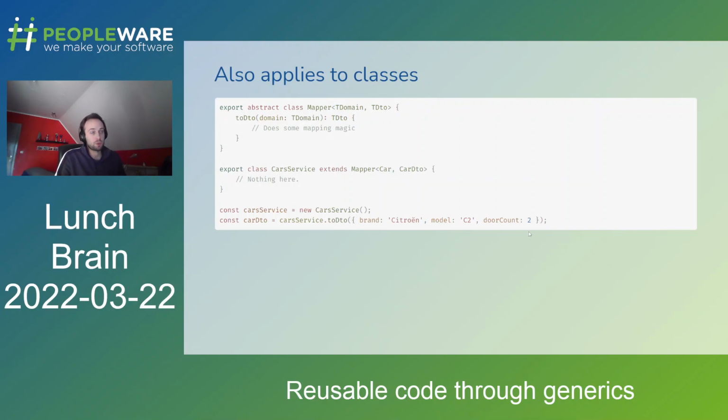We went through examples of function properties as well, I think, and interfaces, but this also applies to classes. So using the same syntax, we can create classes and make them generic to make reusable classes. So in this case, we have the mapper class, which has a domain type and a DTO type.